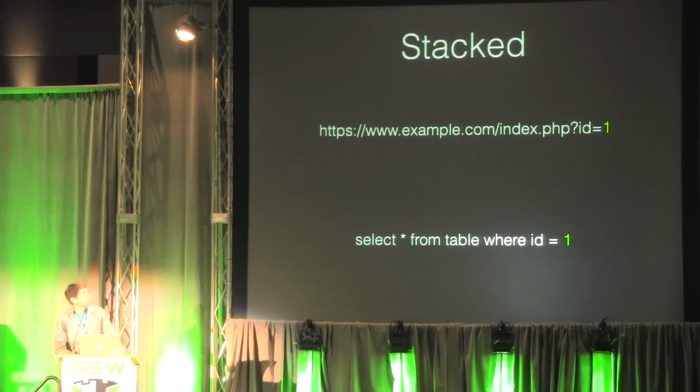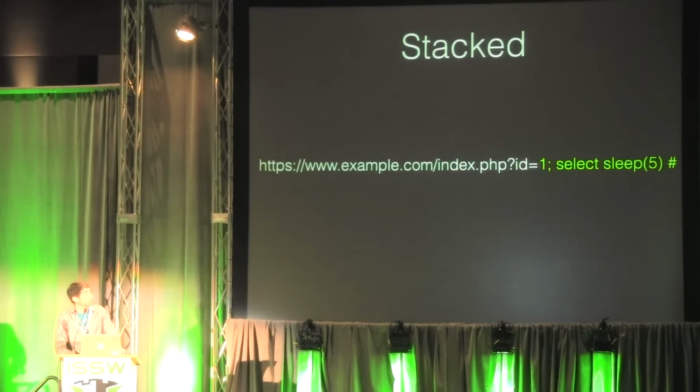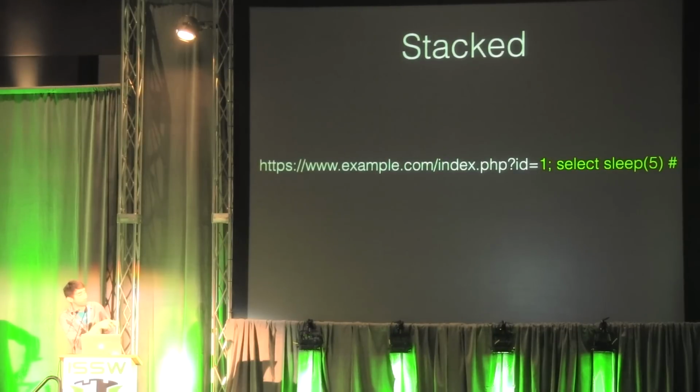If this query string parameter were vulnerable to a stacked SQL injection, we would be able to put a value like this, which would use a semicolon. I have a semicolon between the 1 and then the rest of the SQL query, which is select sleep 5.